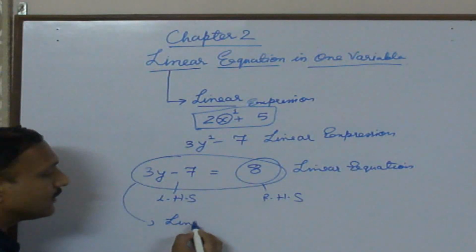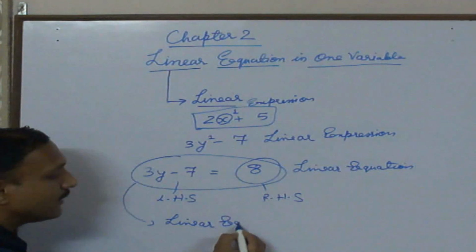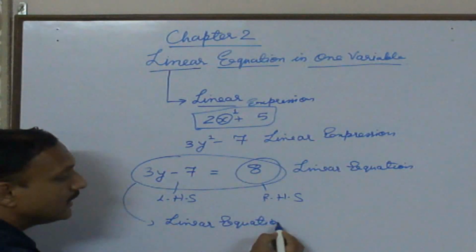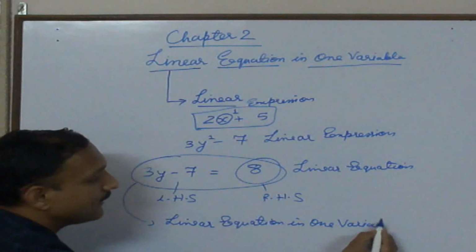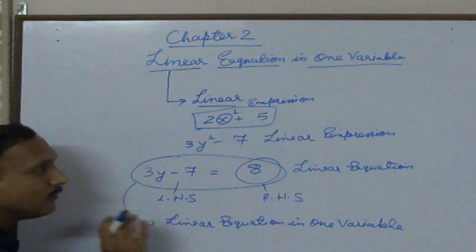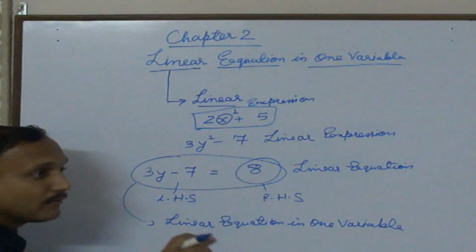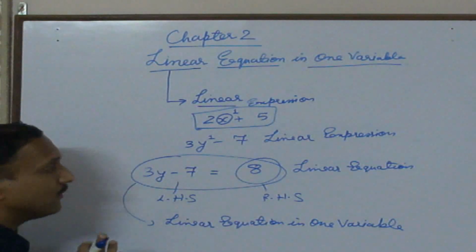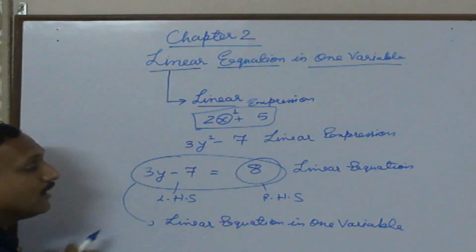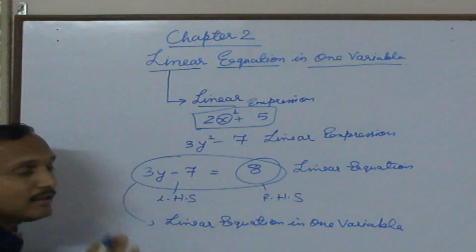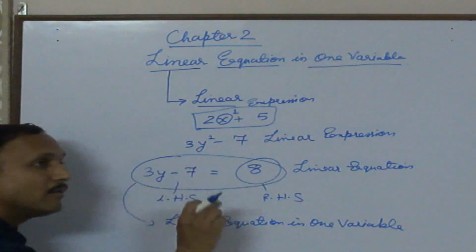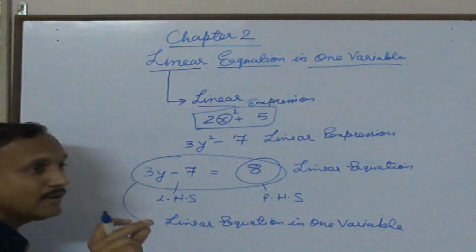So this is, children, a linear equation in one variable. Why is it called one variable? Because there is a single variable y here. There are no two variables like x and z and so on. Here only one variable is there. If it is two variables, then you study in higher classes, class 9th and 10th, about two variable equations.